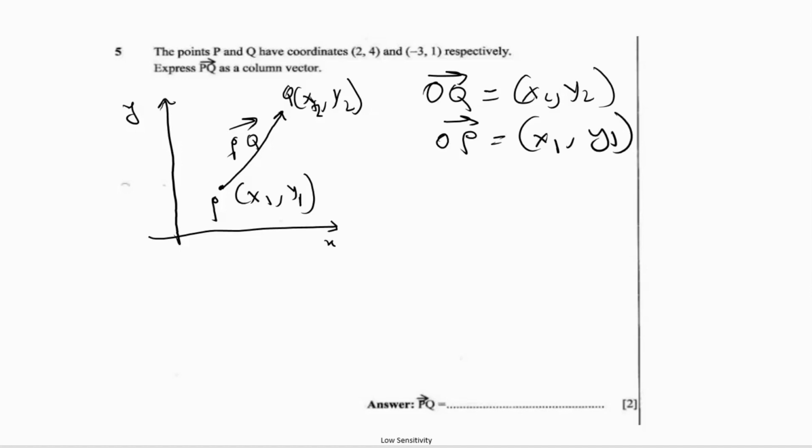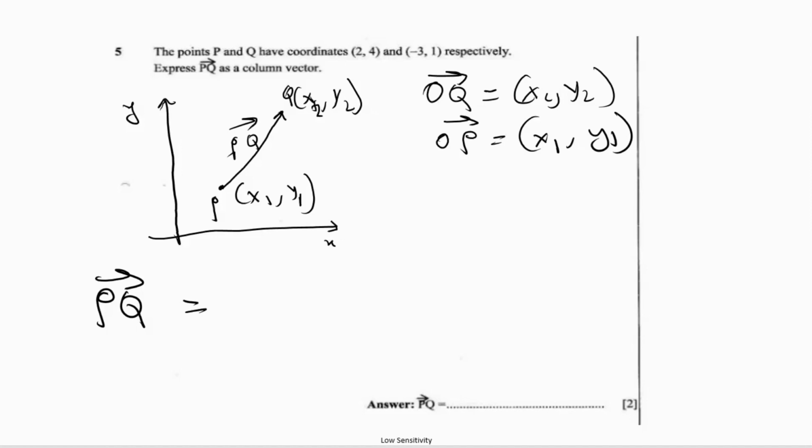So this is just from the origin to P, and from the origin to Q. So once we have that, now we can create a vector between P and Q. So how do we get that? That's the question. We want to be able to express PQ using these position vectors, right?